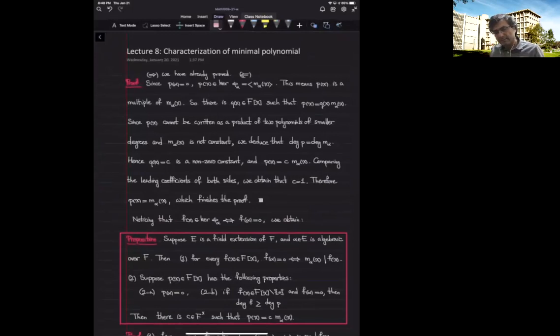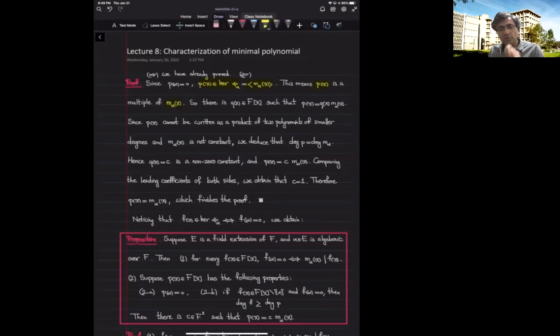Because p of alpha is 0, that's part of our assumption, that implies that it does belong to the kernel of the evaluation map. But the way that we chose and defined the minimal polynomial, the kernel of the evaluation map is generated by the minimal polynomial of alpha over F. That means this polynomial p is a non-zero multiple of the minimal polynomial.